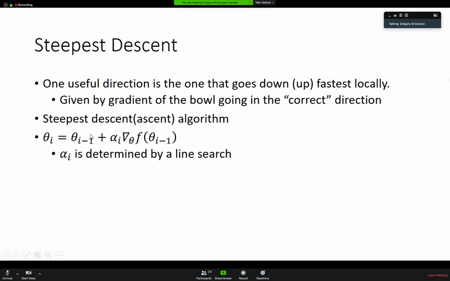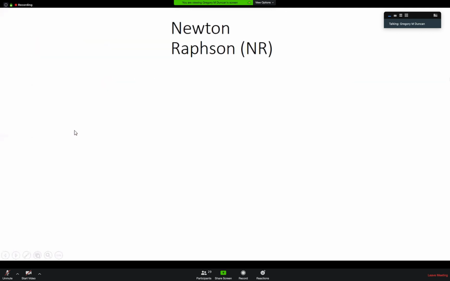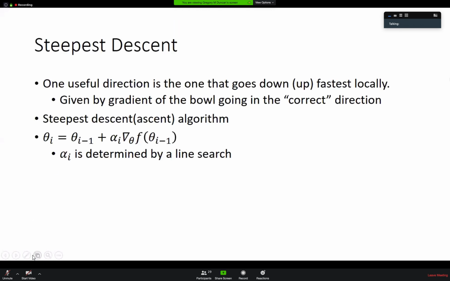You give a starting value. Let's say we have a starting value, green this time. So i would be equal to 0, or i would be equal to 1. And so theta 0 is your starting value.